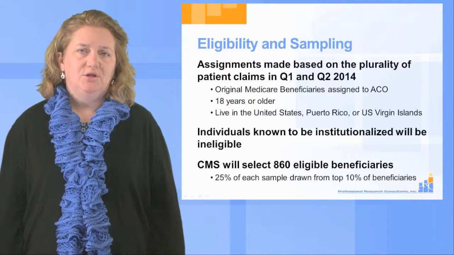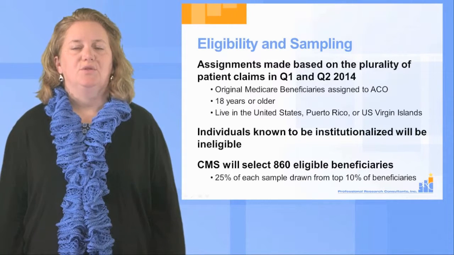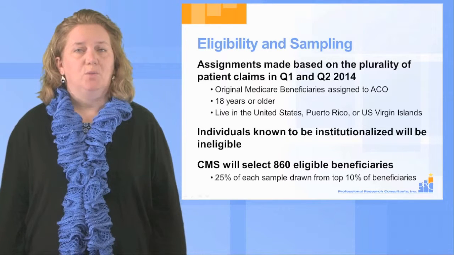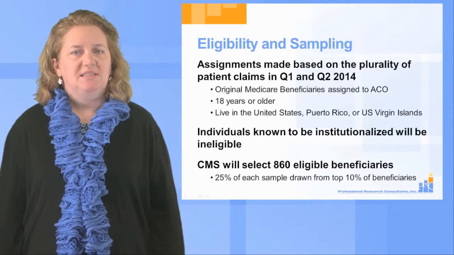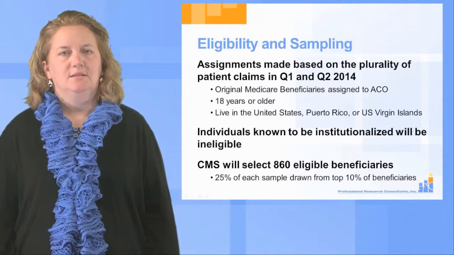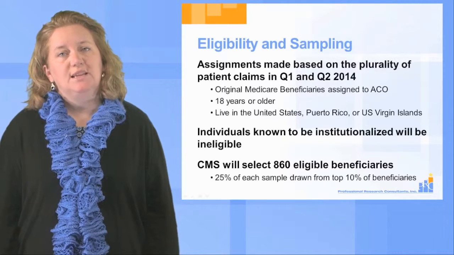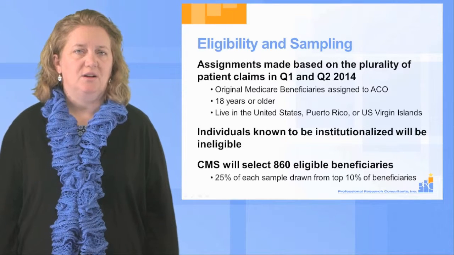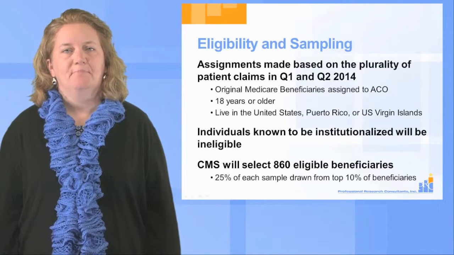ACOs are not allowed to know which of their patients have been selected for the study. All in all, the sample selection process is pretty straightforward, and we expect to see a 50 to 60% total response rate. In other words, ACOs can expect to see about 450 to 550 completed interviews from PRC for this sample.